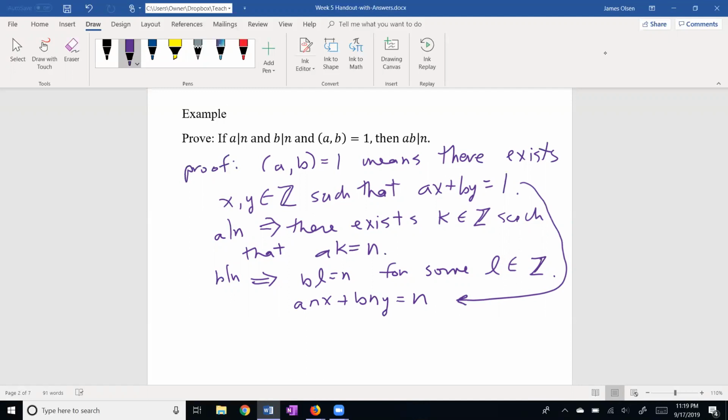Now, I need to have a common factor of AB that I can factor out. So what I'm going to do is I'm going to substitute for the two N's. In this first N, I'm going to substitute BL.